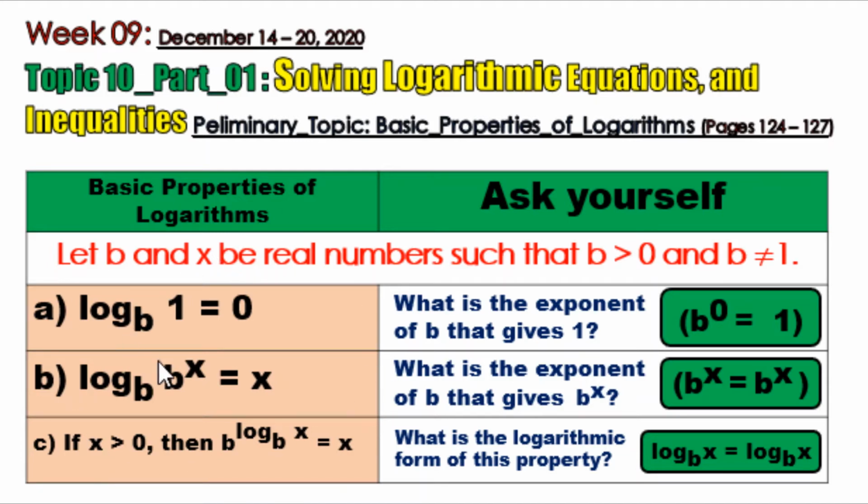By just looking at this, we have the base b, and we have the answer 1. As long as b is not equal to 1 or 0, and we have the answer 1, the value of that logarithm is 0. For the second property, whatever the value of the exponent, as long as the base of the logarithm and the base of the argument are the same, the answer is the exponent x.